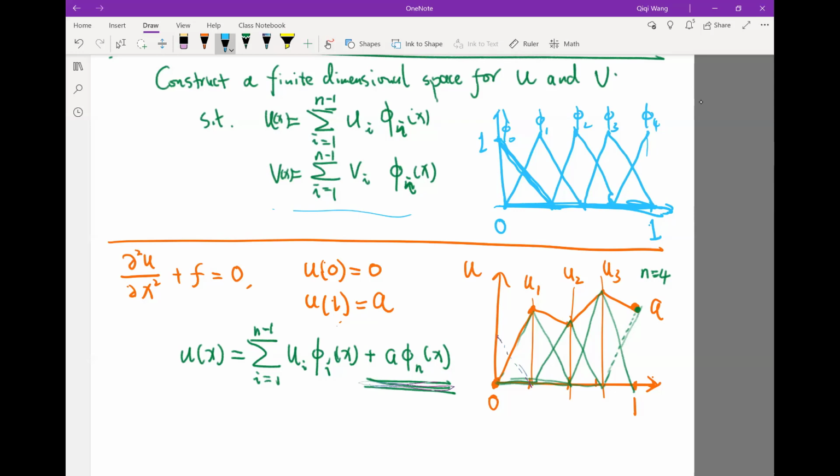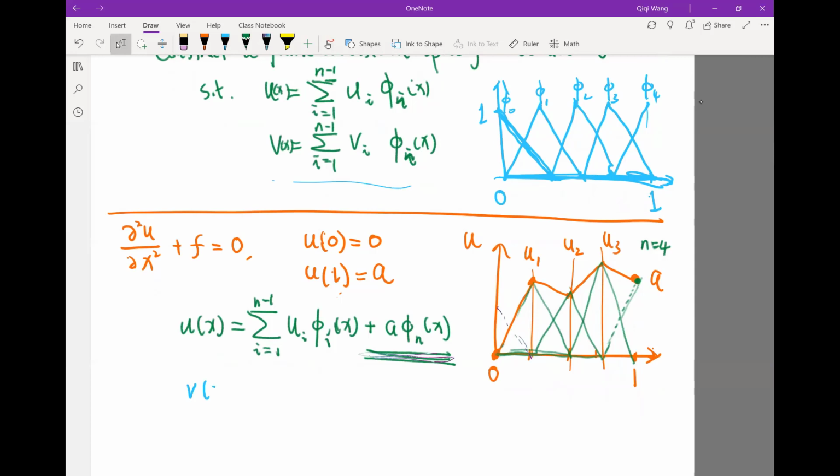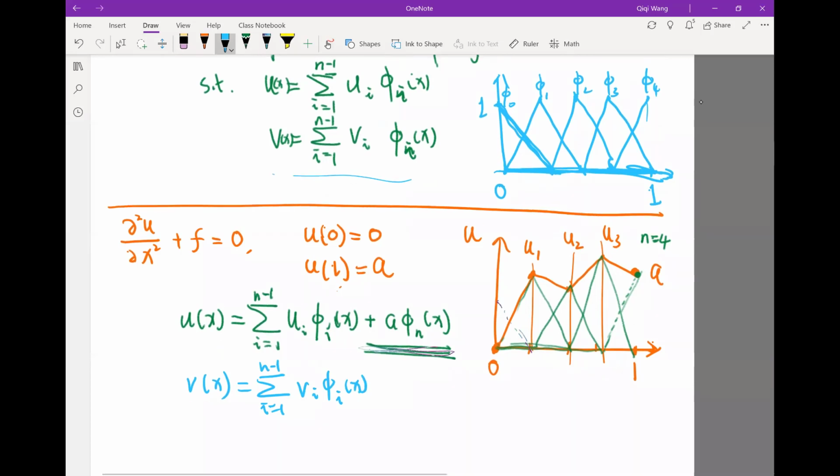We didn't. It's just that the right boundary has been fixed at a different value rather than 0. The degrees of freedom in u is exactly the same, so we don't have to change the space for v at all. We don't add any additional term in our v. v is still an arbitrary linear combination of the three interior phi's, without adding anything at the end.